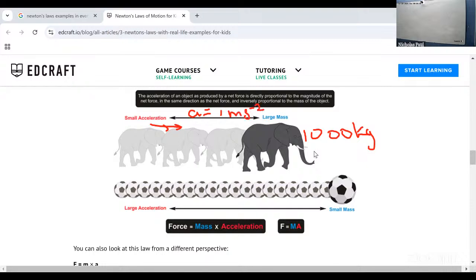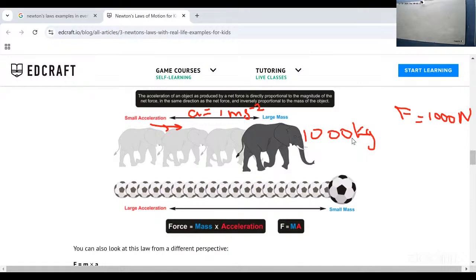What is the net force acting on this elephant? 1,000 newtons, correct? The net force will be 1,000 newtons. Force is mass by acceleration, right? Are you okay with that?